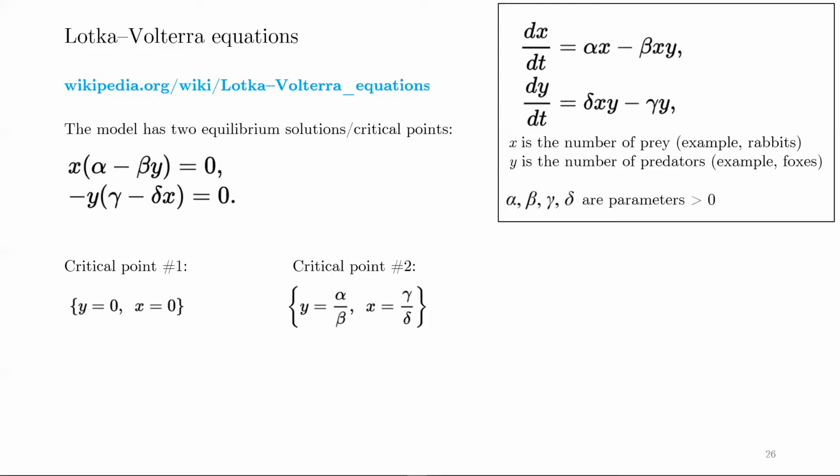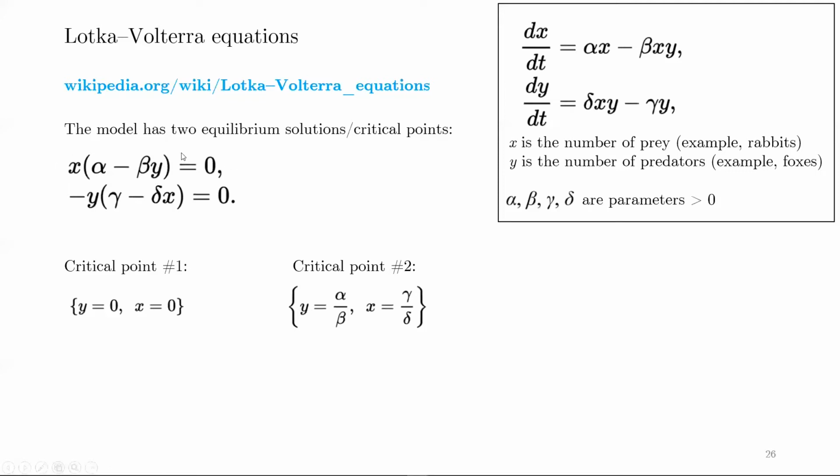Okay, but the second critical point is y is equal to alpha over beta, because if you look at this first equation, if y is alpha over beta, then we get beta times alpha over beta is alpha. We get alpha minus alpha is 0. And then if y is alpha over beta, then x can be anything in this equation.